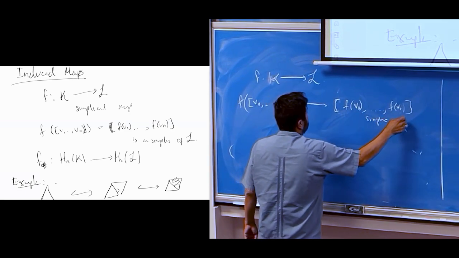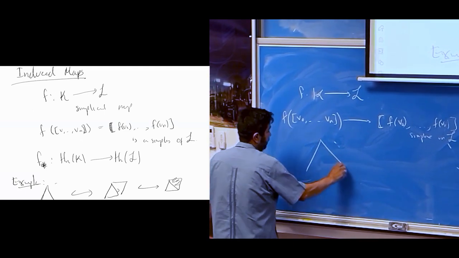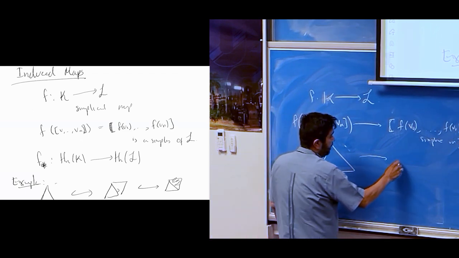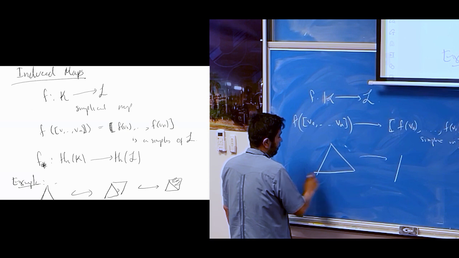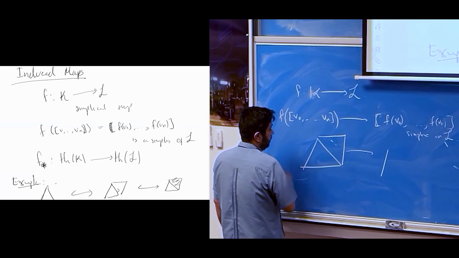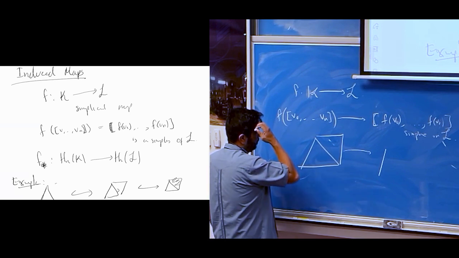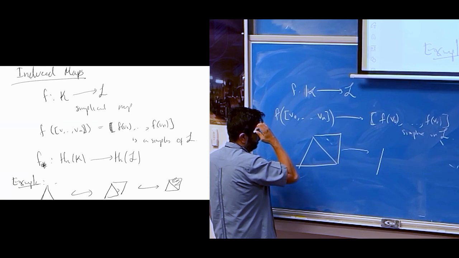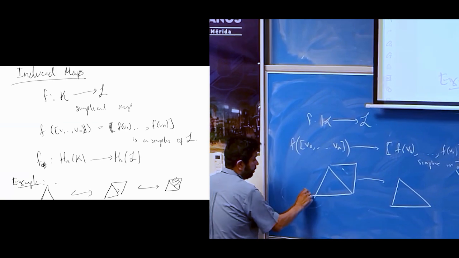and the images of the vertices span another simplex. As an example, imagine that you have something like this. It is a triangle, and you can map it. Let's see something more complicated. Something like this, and you can map it to something like this.